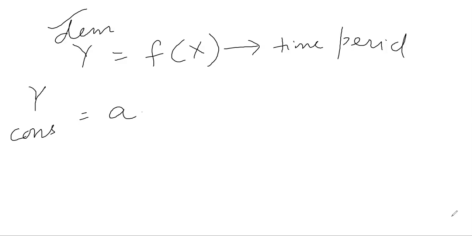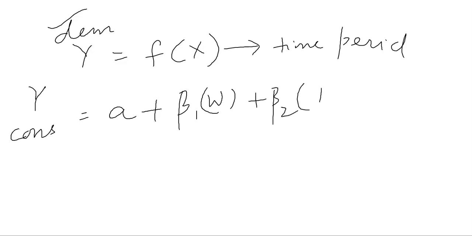All of the equation will have an intercept. After that, the variables can be, for example, let me take it as beta 1, your say wealth. Your consumption can be a function of wealth, plus beta 2, function of income of the consumer, plus beta 3, suppose gender.